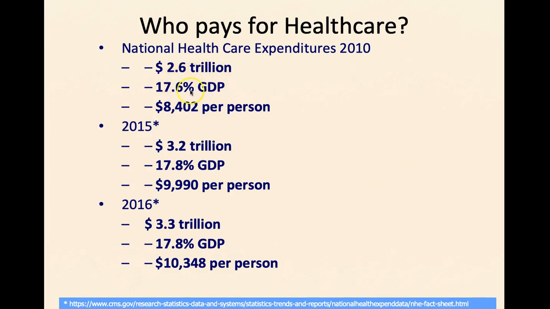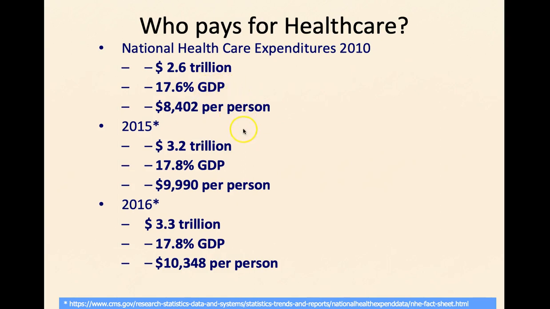It was close to 18%, 17.6% of our gross domestic product. And the cost was around $8,400 per person.